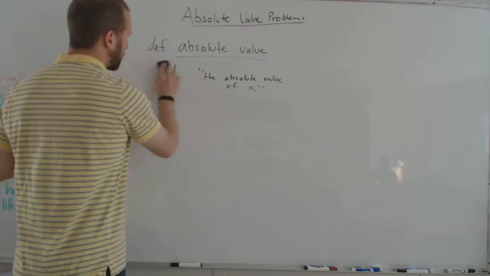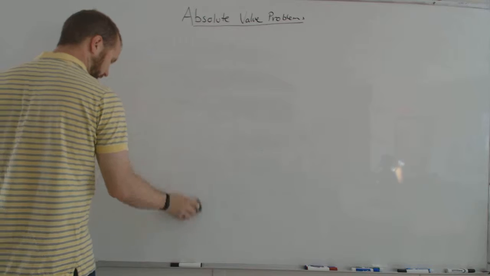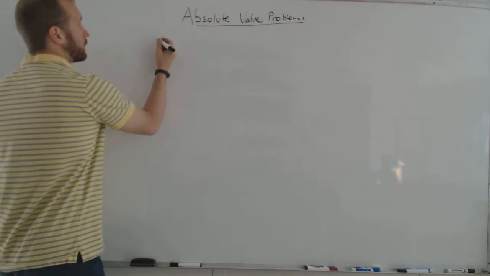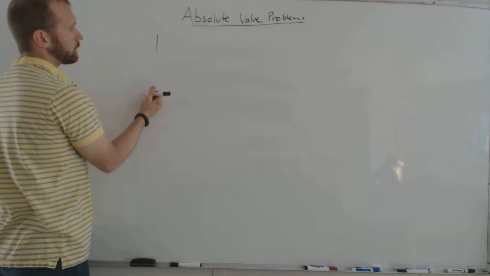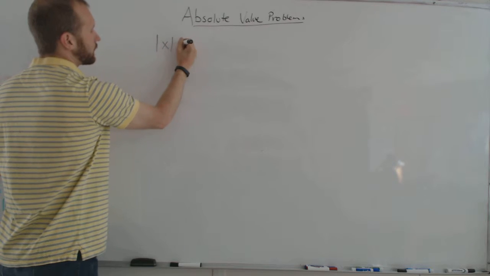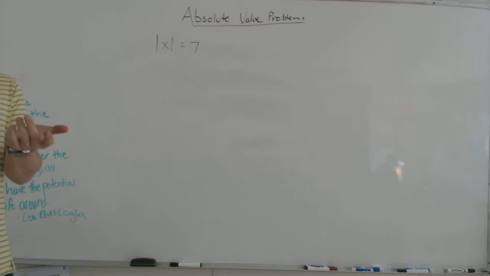Okay, now, how does this show up in algebra? It is going to show up like this. Let's say I said the absolute value of x equals 7. So I'm trying to solve for x.